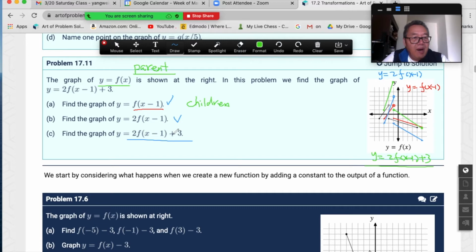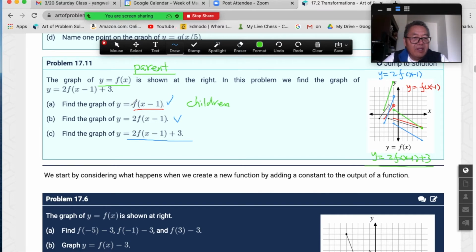If this one's -3, that will be shift down 3 units. So you can say, this way, we can start from a very simple function, then we can graph a very complicated function, just using the rules we learned here. You don't need to graph from the beginning.